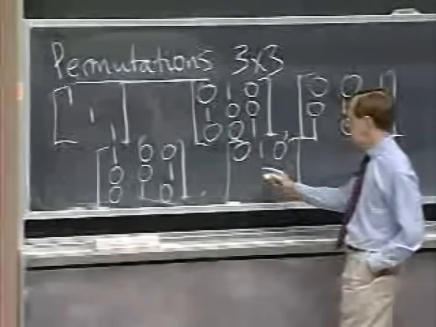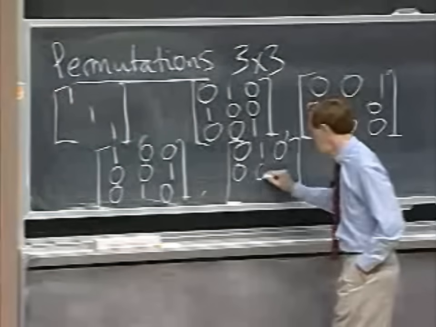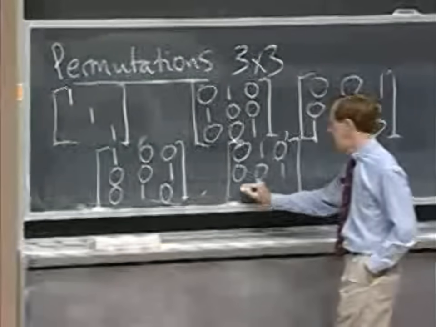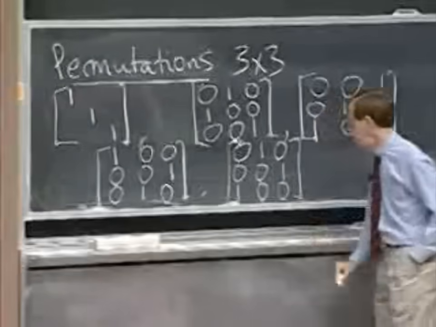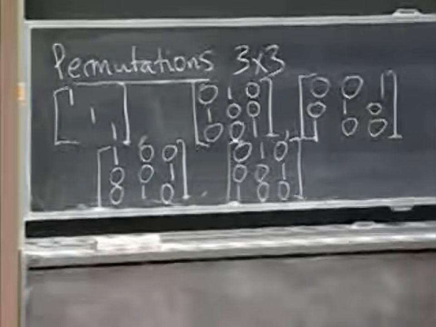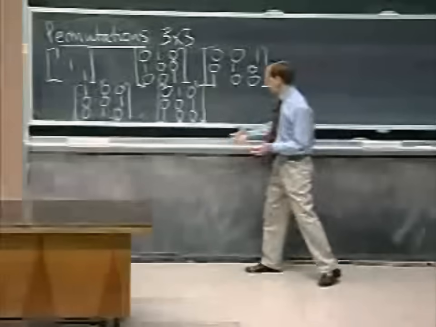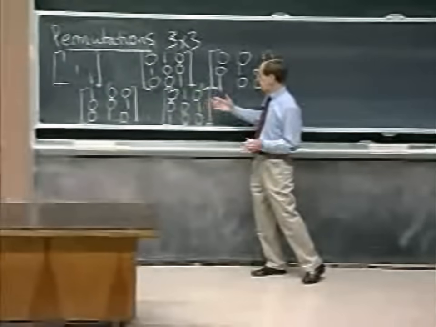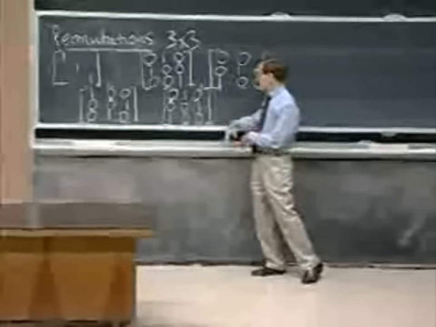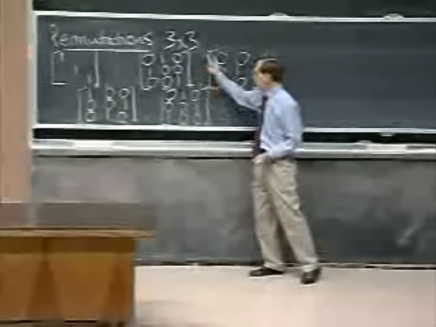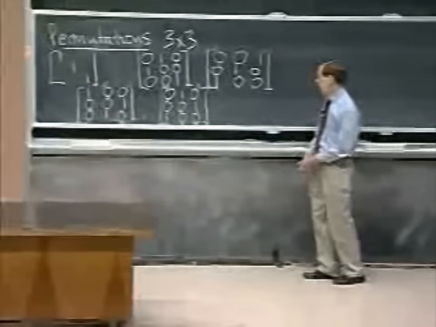Okay, now a second row, say 0, 0, 1, and the third row 1, 0, 0. So that is like a cycle. Row 2 moves up to row 1, row 3 moves up to row 2, and row 1 moves down to row 3. And there's one more.